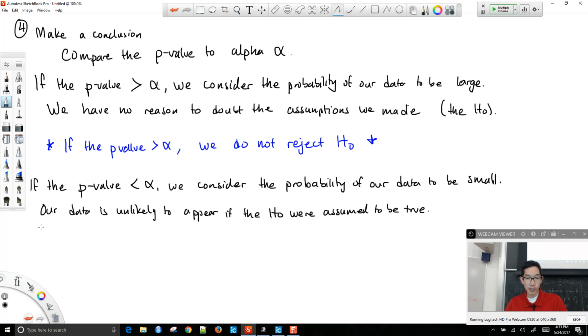And so the fact that we did see our data tells us that our assumptions are incorrect.